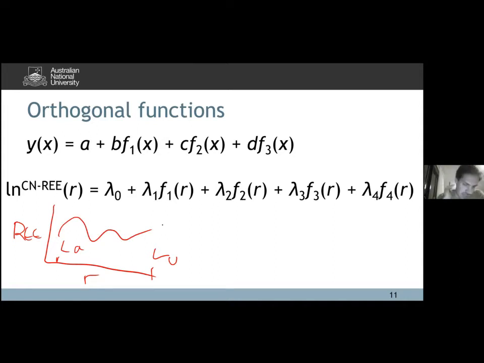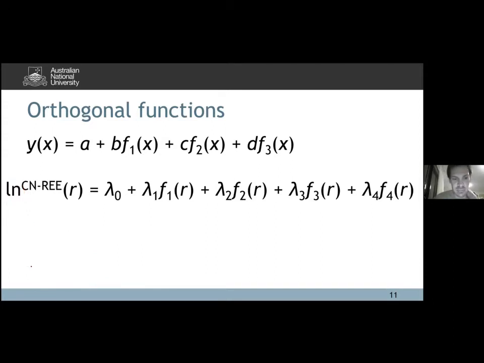Something important to notice here is that this is natural log, and usually we plot those things on log 10, but the transformation from one to the other is pretty much trivial, but something to keep in mind.